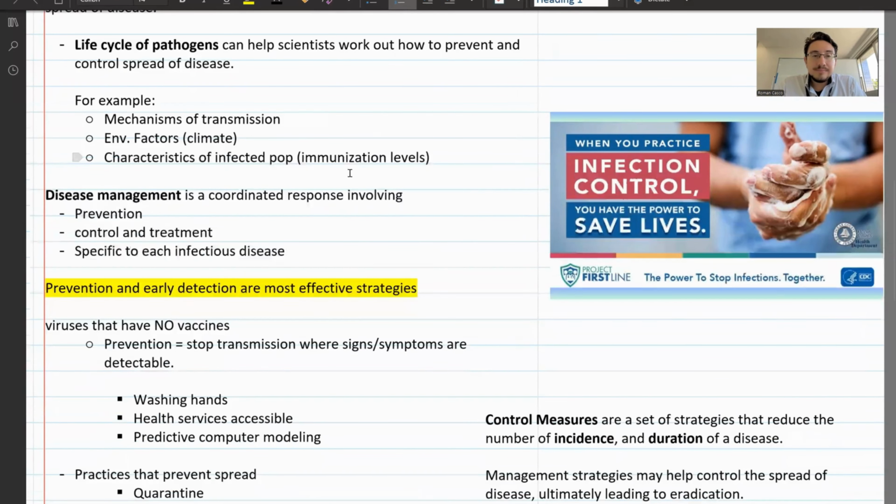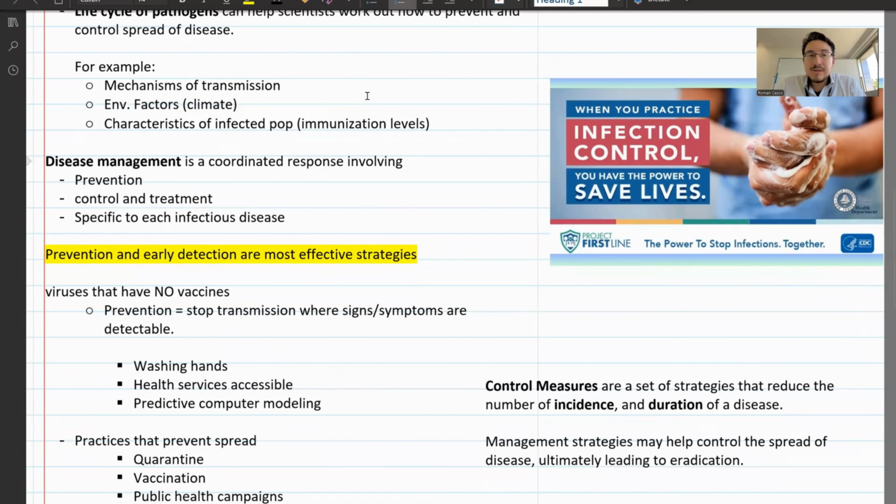Ultimately, you study all of these together, and you can create a disease management strategy to control the spread of disease. It's a coordinated response that involves prevention, control, and treatment. And of course, it has to be very specific to a particular disease.